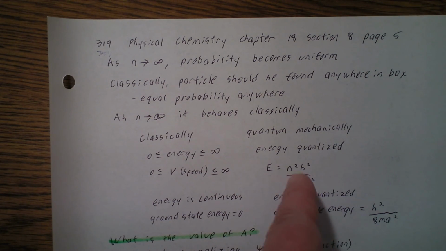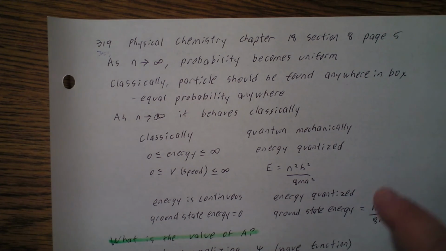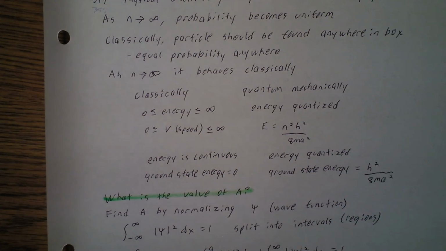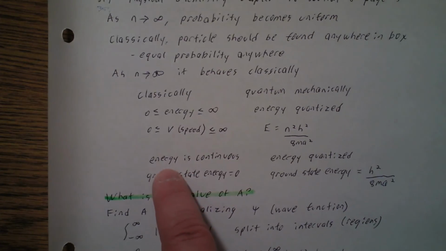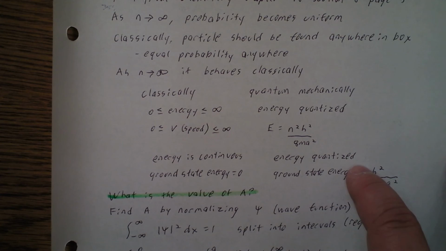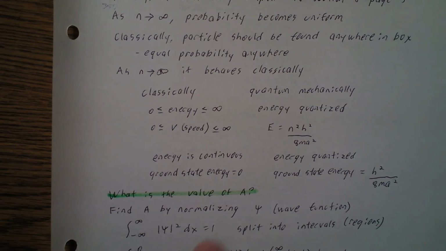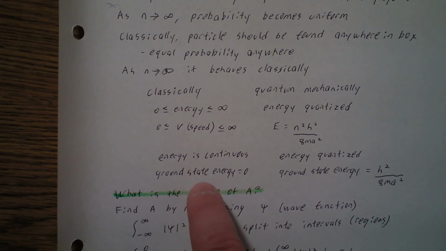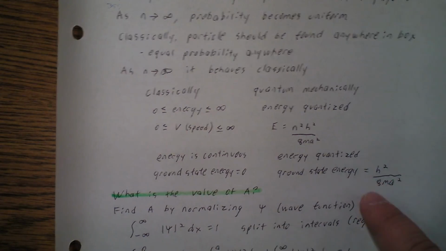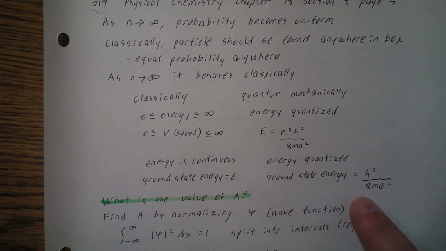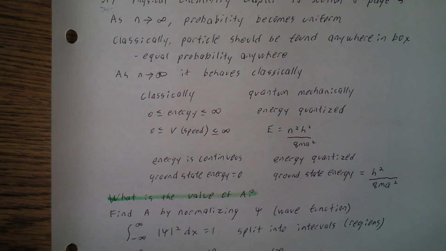But again, you have energy of n squared h squared over 8ma squared. So you can use that to find the speed if you know the mass of the particle. And then, of course, classically, energy is continuous. Quantum mechanically, energy is quantized. And then classically, the ground state energy is equal to 0. Quantum mechanically, the ground state energy is equal to h squared over 8ma squared.